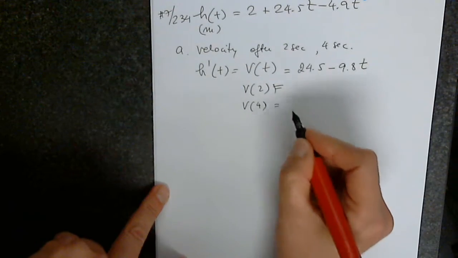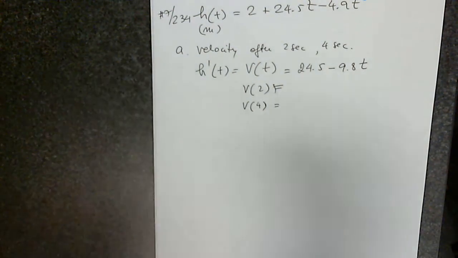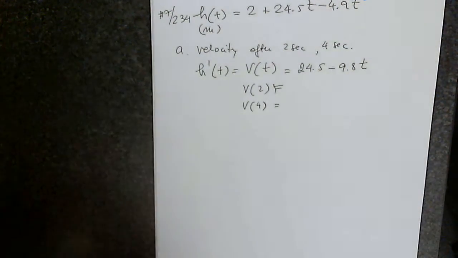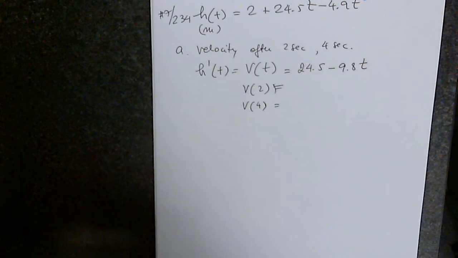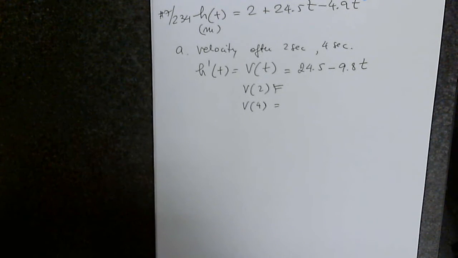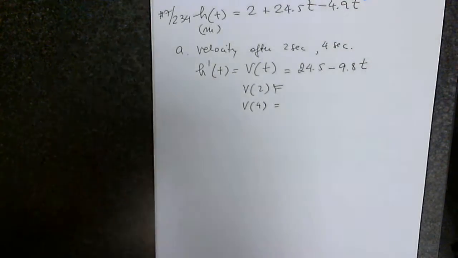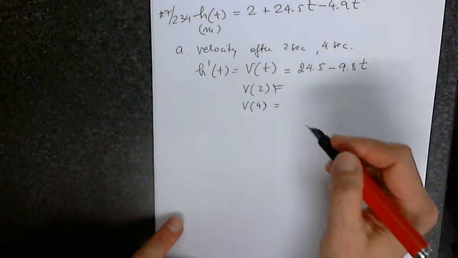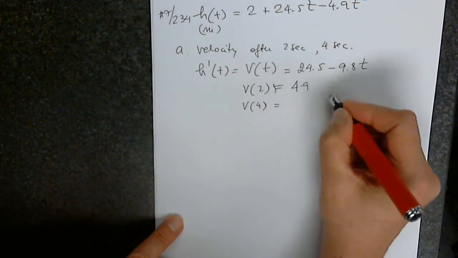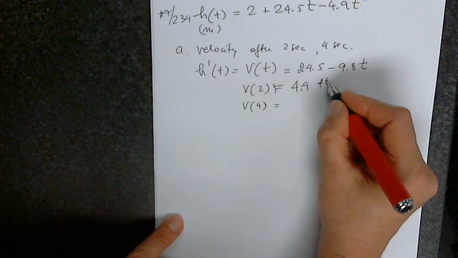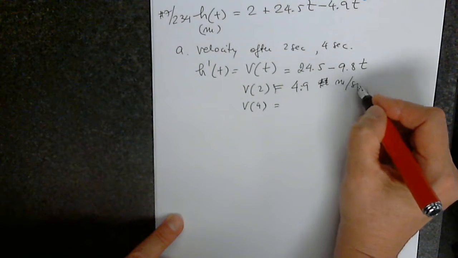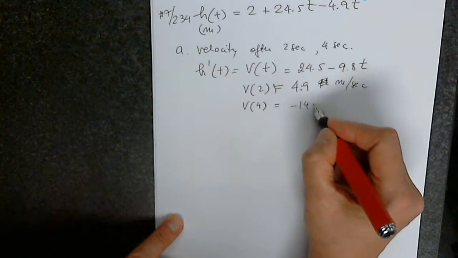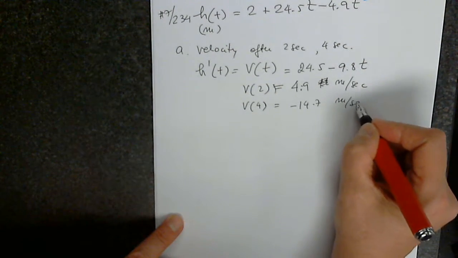So I grab my calculator, 24.5, I'm lazy today, minus 9.8 multiplied by 2, and then I will repeat with multiply by 4. Okay, so I got 4.9 and then I got negative 14.7. 4.9 meters per second, and negative 14.7 meters per second.